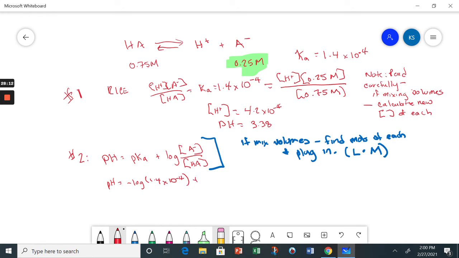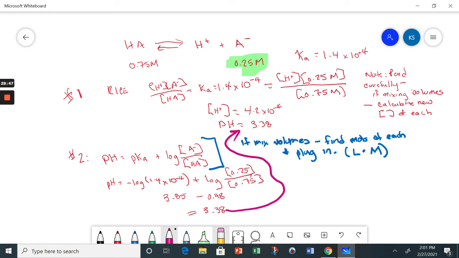And then again, because we're not mixing volumes, I'm just going to take the concentrations right from the problem. But if you were to do this, you'd get 3.85 minus 0.48, and that's going to equal 3.38. Oh, look. This and that are the same, two different ways.